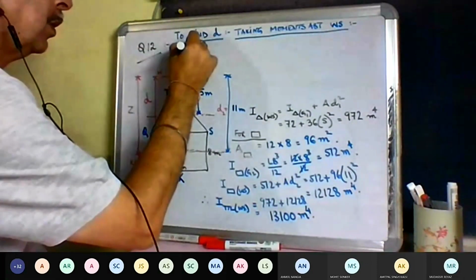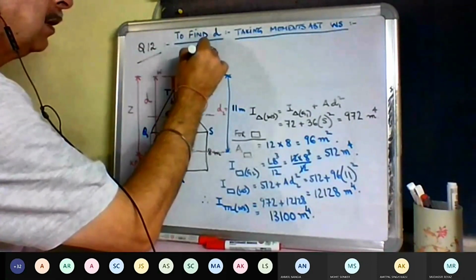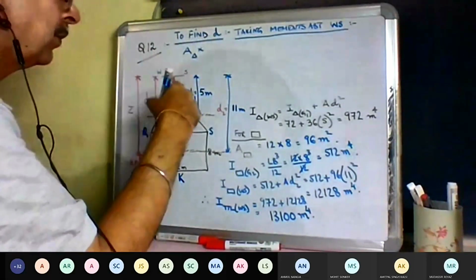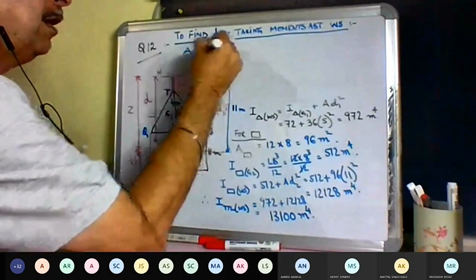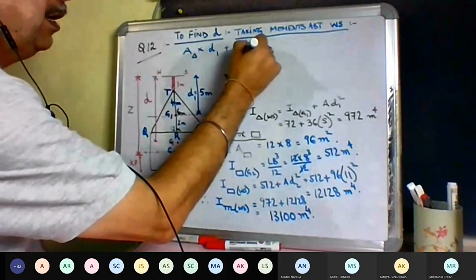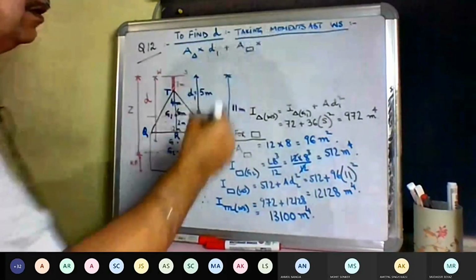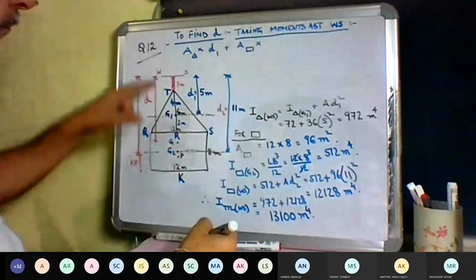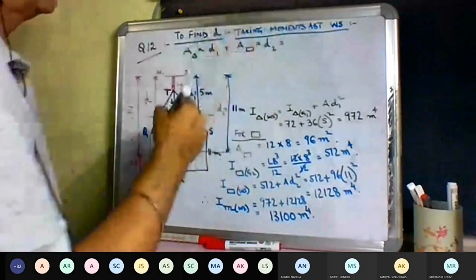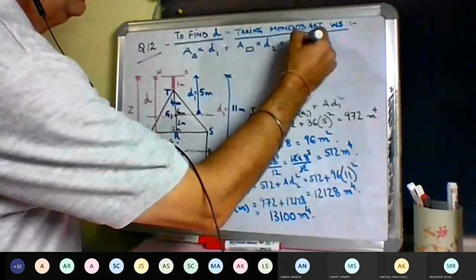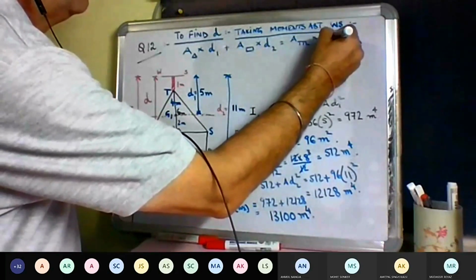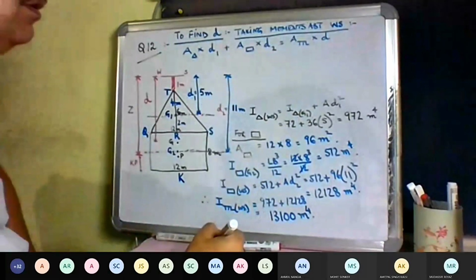So area of the triangle into lever of the triangle from water surface, D1, plus area of the rectangle into lever of the rectangle from water surface, will give me area total into lever of the total shape from water surface.